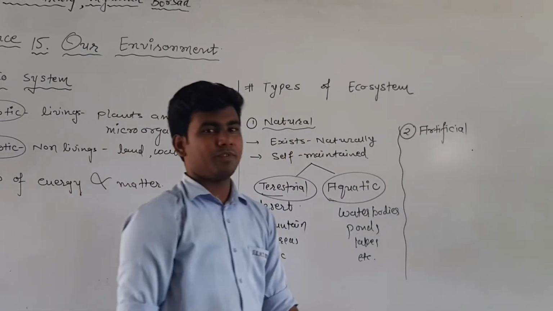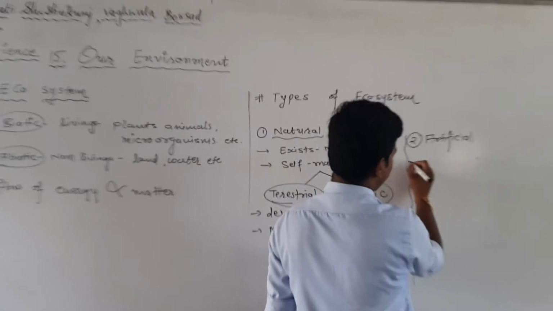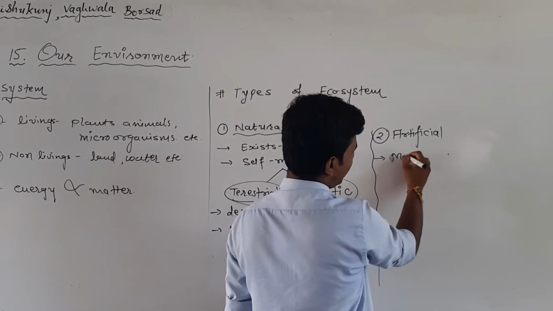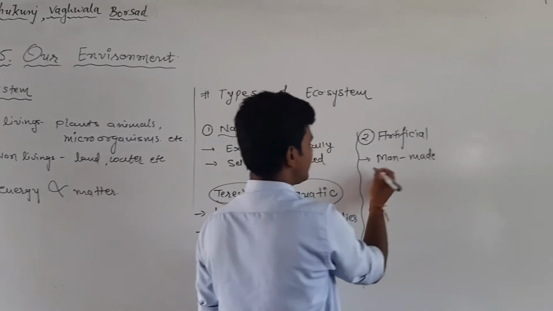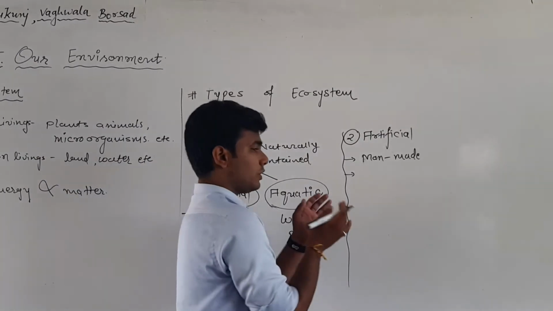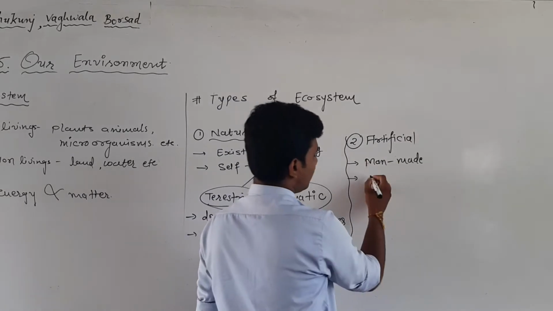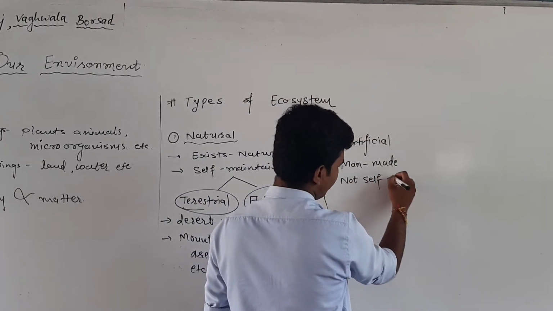The another type of our ecosystem, that is our artificial ecosystem. As we all know that in this type of artificial ecosystem, first of all, it is man-made ecosystem. It will be not self-regulated, right? So human activities is required for its regulation. So it is not self-maintained.